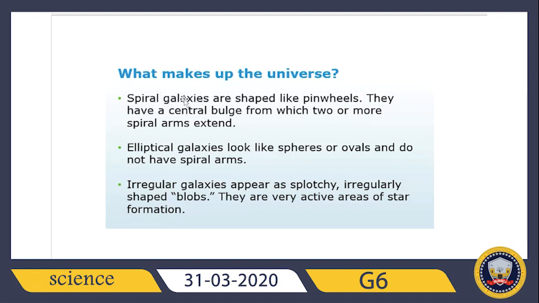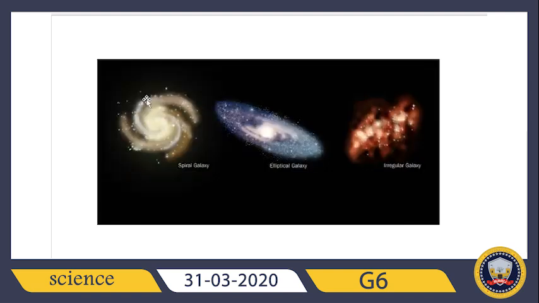Spiral galaxies are shaped like pinwheels. They have a central ball from which two or more spiral arms extend, as we can see here in this photo, the arms extending from the central ball of this galaxy.